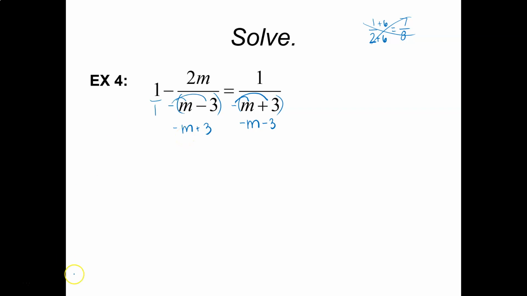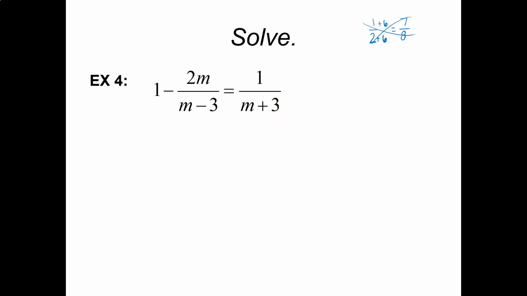So we're not going to be able to do it with negatives, although that's a good thought. Sometimes there will be times where that will be what we want to do, but it won't work in this case. Sometimes, if I had negative m plus 3 instead of just m plus 3, then it might work.